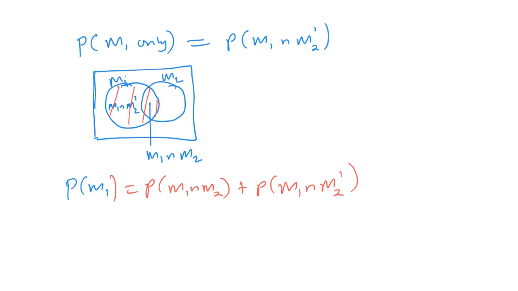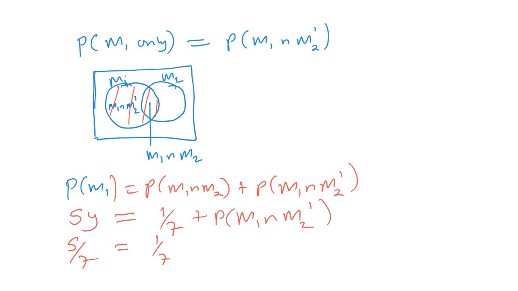So probability of M1, remember when we are expressing M1 in terms of y, this was 5 times y, is equal to, the probability of M1 and M2 was 1 out of 7. Remember y is equal to 1 out of 7, so this is 5 out of 7 equal to 1 out of 7 plus probability of M1 intersection M2 complement.